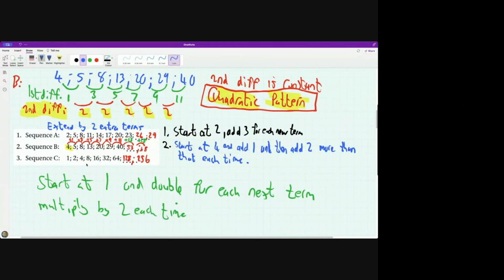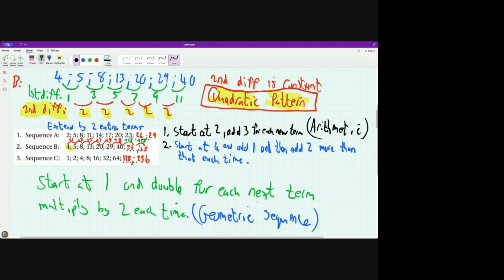And so this type of number pattern is called a geometric sequence. If you multiply by a constant amount, you will get a geometric sequence. So far, what have we got? We've got an arithmetic, which was the very first one, number 1, an arithmetic or a linear. We've got a quadratic, and we've got a geometric.